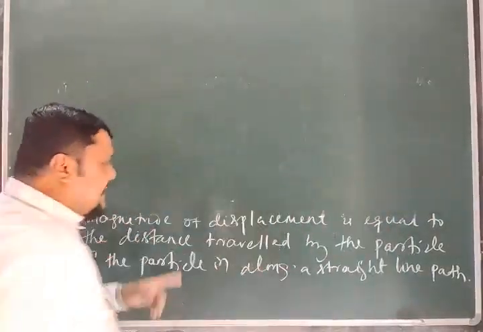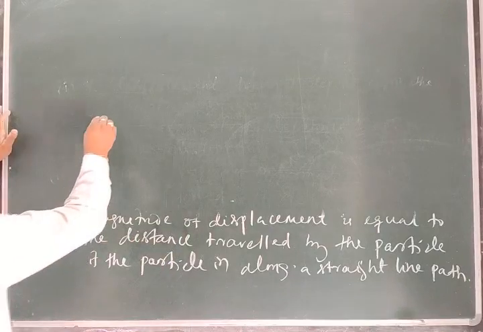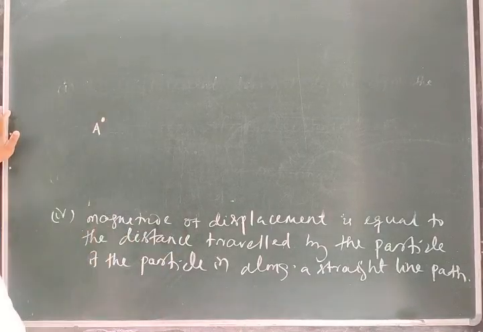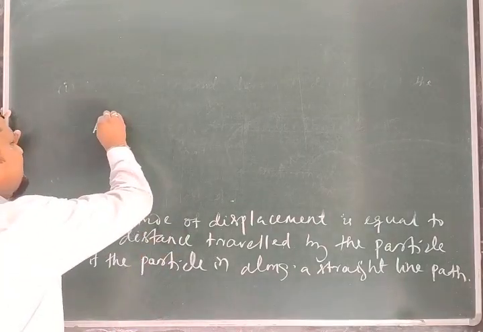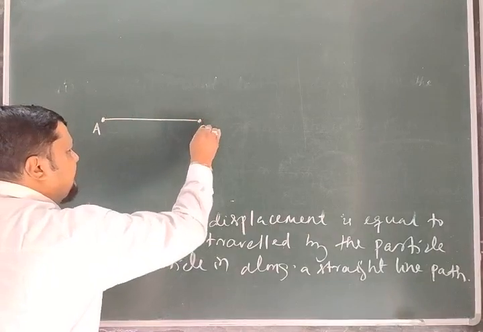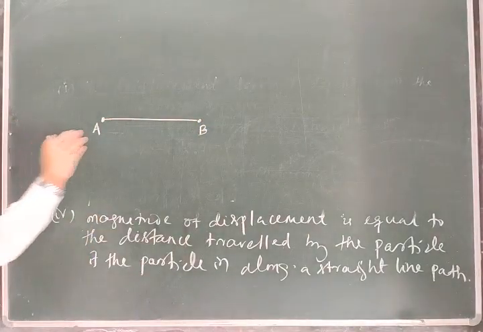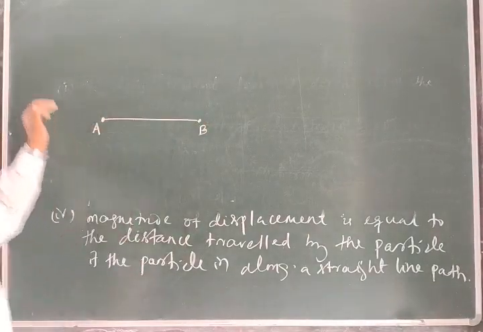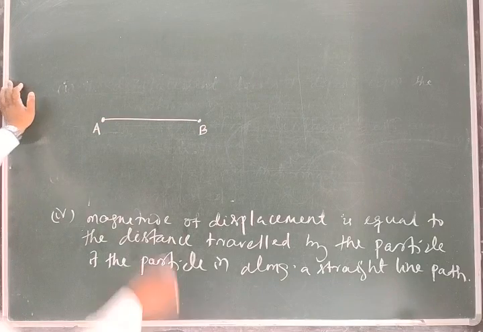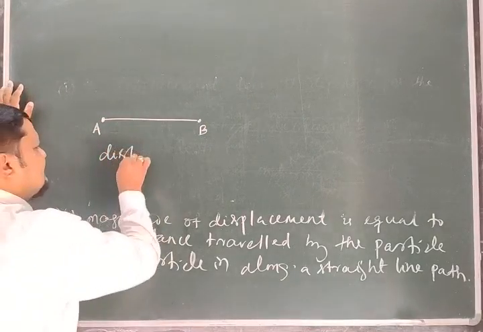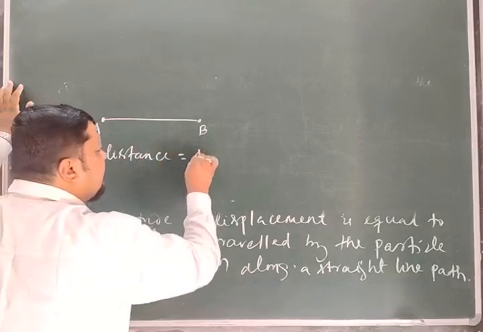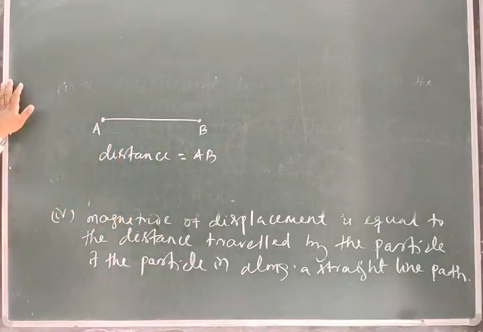Let a particle start from A and reach the point B in a straight line path. If I ask you what is the distance, here the distance traveled is AB. Then what is the magnitude of the displacement?